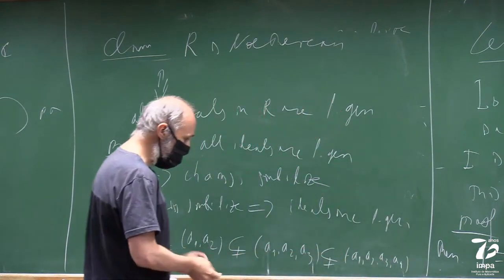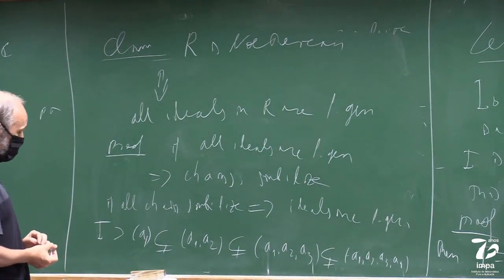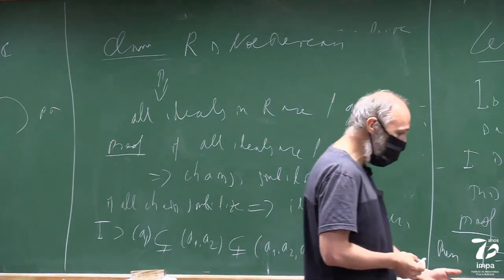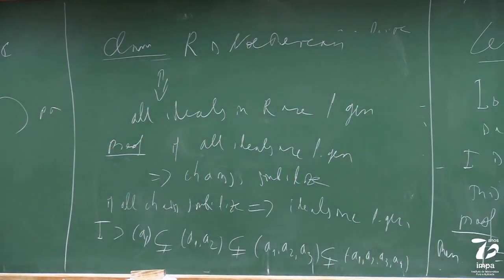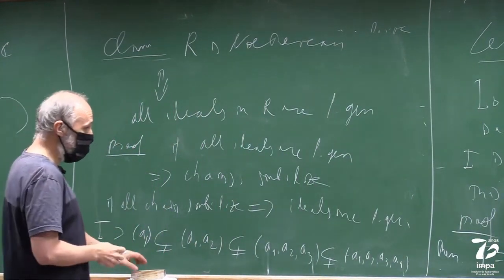Unless this chain stabilizes. If it stabilizes, this means that you found a set of generators for I. If it doesn't, then you have a non-stabilizing chain, which is impossible by that assumption. So if all chains stabilize, the ideals are finitely generated.